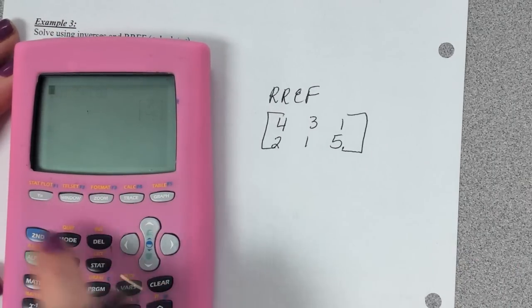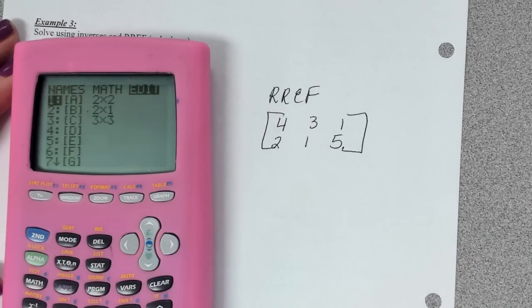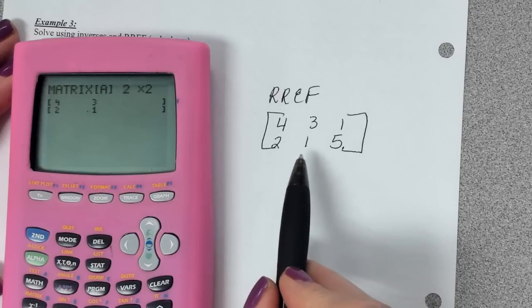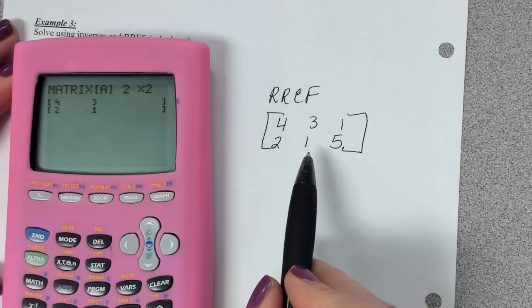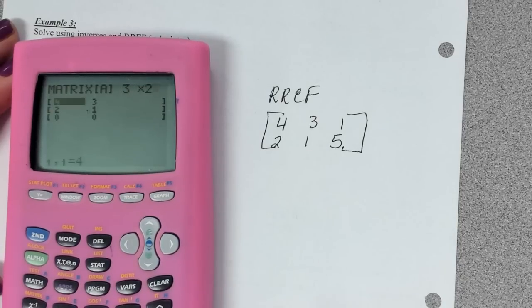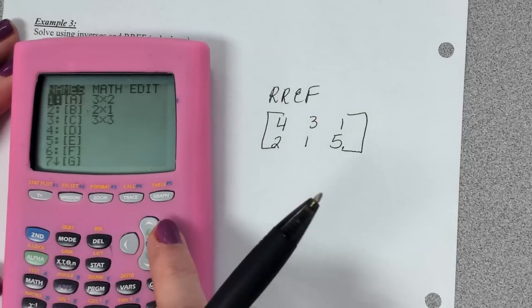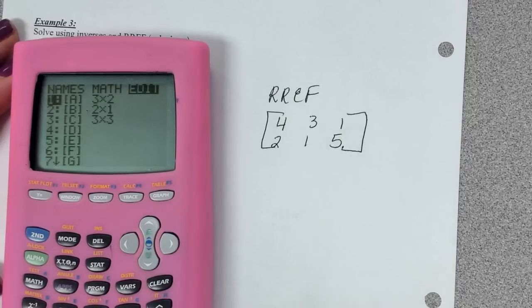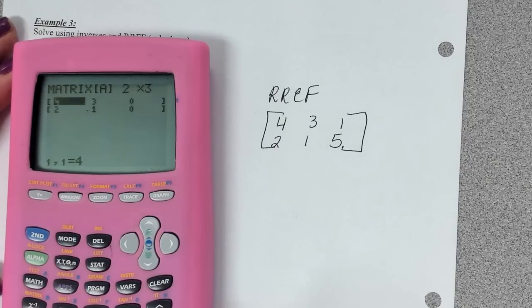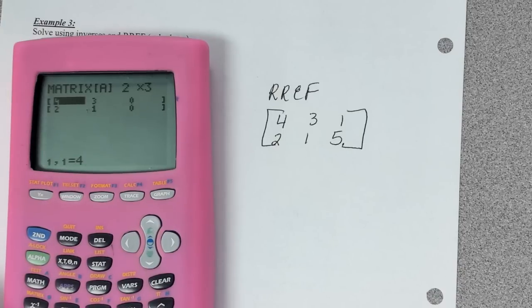So now we're going to go back to our matrix, over to edit. What's the size of this matrix, guys? 3 by 2. No, it's not. 2 by 3. So put that in.